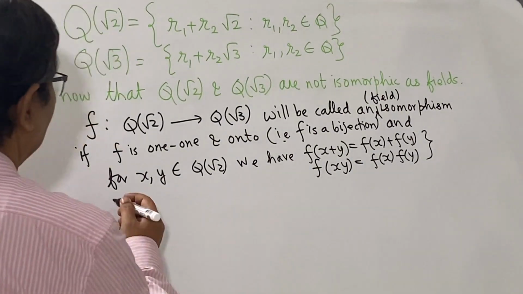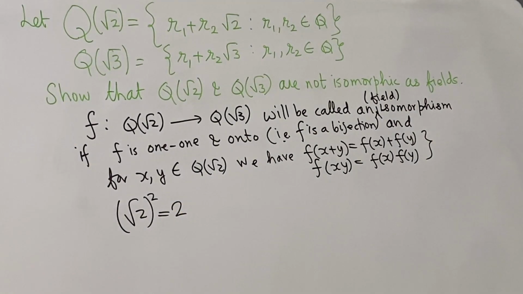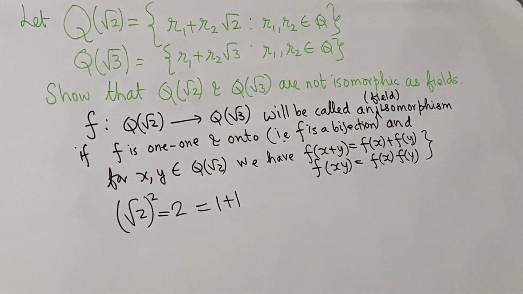Now observe that root 2 square is equal to 2 and 2 is 1 plus 1. Looks like a trivial result, but that's very useful in these kinds of arguments.